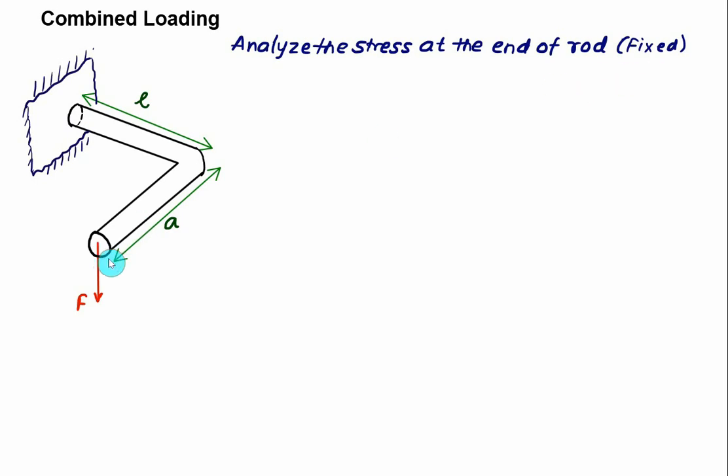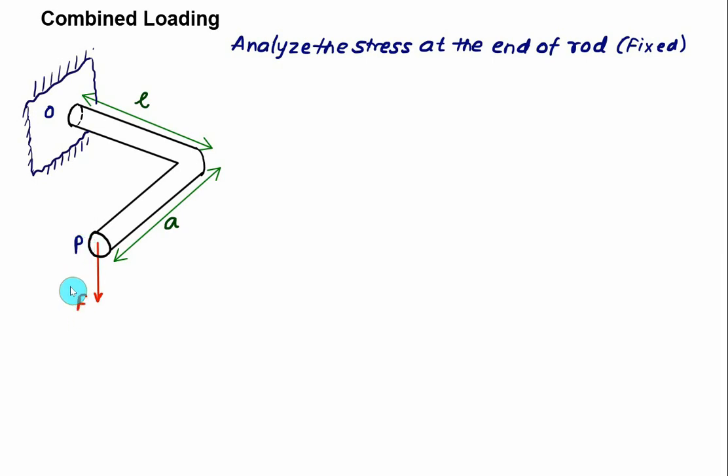So this force you first have to shift to the fixed end. Let's say this point is O. At this point the force is shifted, and the force will act as it is, without change in magnitude and direction. Second, to obtain the effect of this force about the fixed point O, you have to take the cross product of the position vector of point P, where the load is applied, with the force.